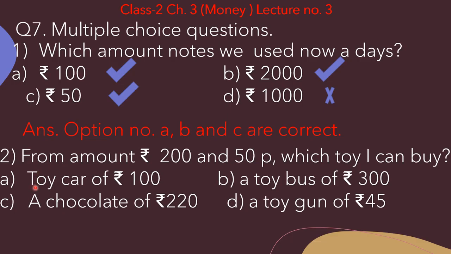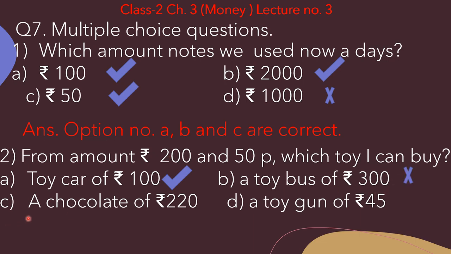In option number A it is given a toy car of rupees 100. So yes, 100 is a lesser amount than 250 paise. So I can purchase it easily. So I will take it. Now in option B, it is given a toy bus of rupees 300. But beta, the cost of the toy bus is greater than the amount I have. So I cannot buy this toy bus. So I will cross it.